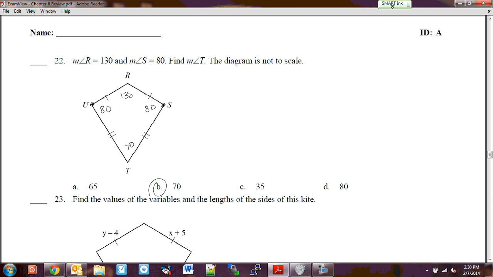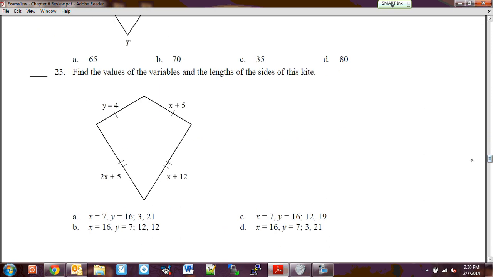Moving along. 23. Find the values of the variables and the lengths of the sides. All right. So we know these two are congruent and these two are congruent. So y minus 4 equals x plus 5. And 2x plus 5 equals x plus 12. Now I'm going to solve this one first because we have the same variable in both. Minus 5, minus 5, minus x, minus x.